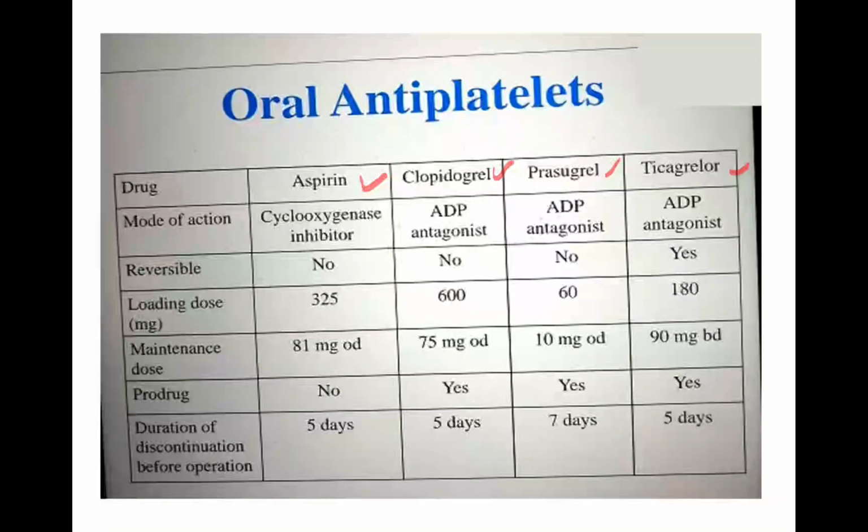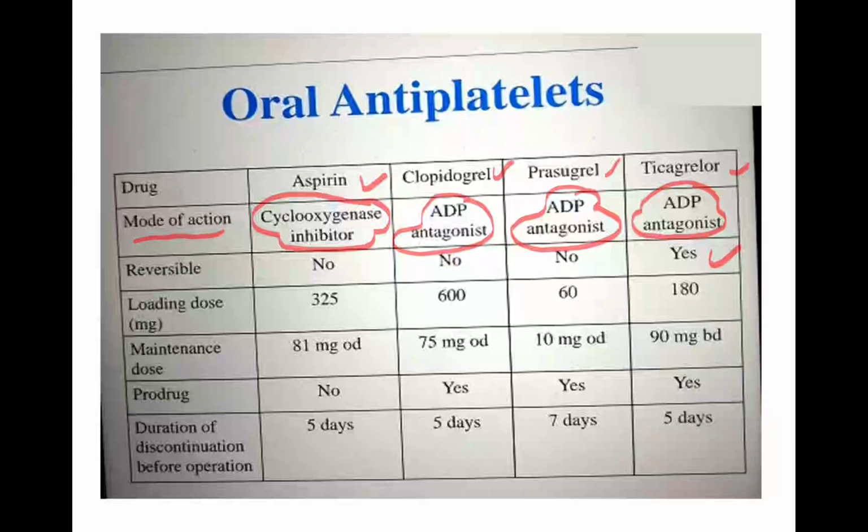Regarding mode of action, the first drug, aspirin, acts as a cyclooxygenase inhibitor, while the other 3 drugs are ADP antagonists. Regarding reversibility, aspirin, clopidogrel, and prasugrel are irreversible drugs, while ticagrelor is reversible.